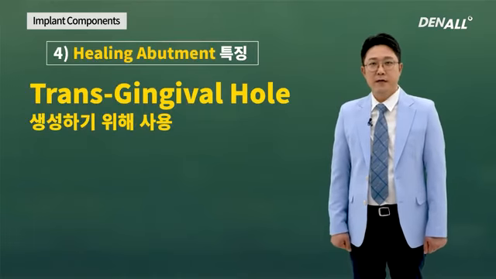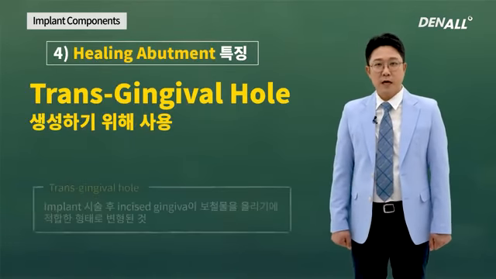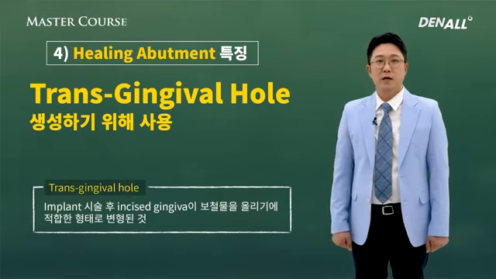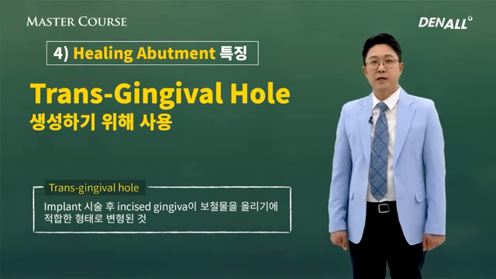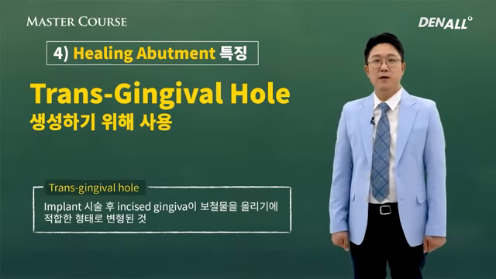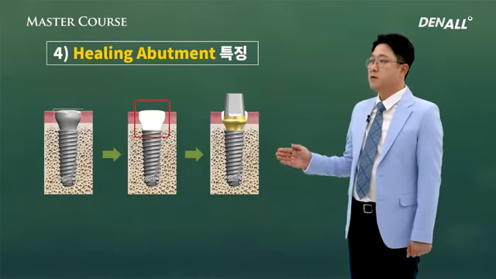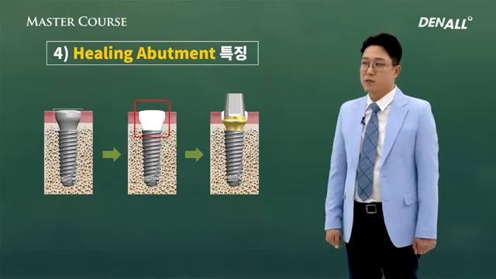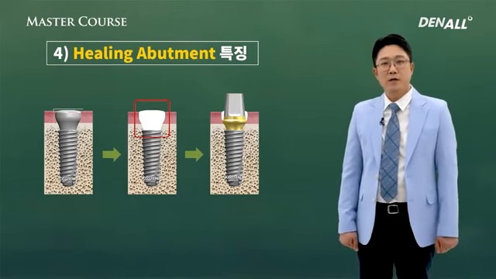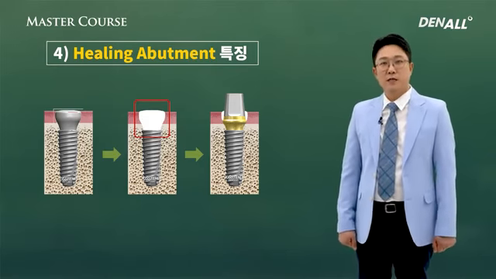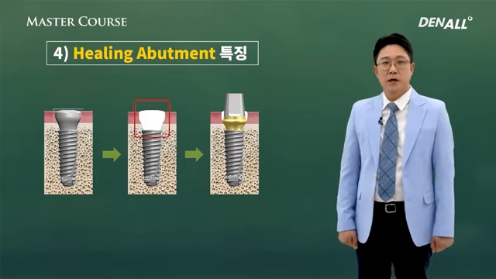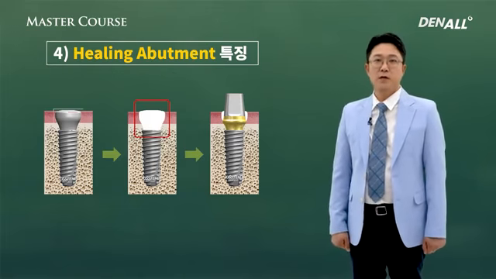Healing abutment is used to create an appropriate transgingival hole so that implant fixture can be connected with the prosthesis. As shown in the image, once healing abutment is connected and the gingiva is healed, transgingival hole to connect the abutment is created and you can connect final abutment here.